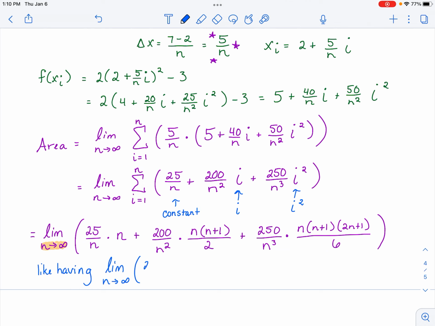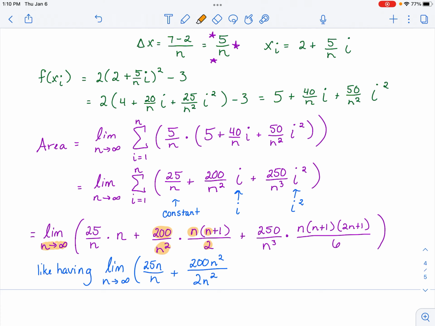Now that first one is 25n over n plus. Now looking at the next one, I've got up top 200n times n, and on the bottom I've got n squared times 2. So my leading term there is 200n squared on the top, and 2n squared on the bottom.